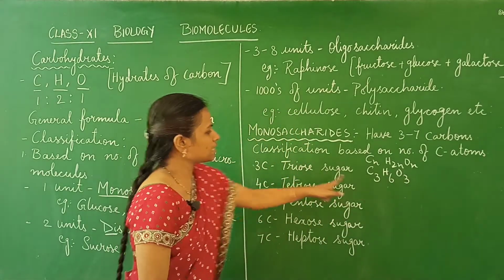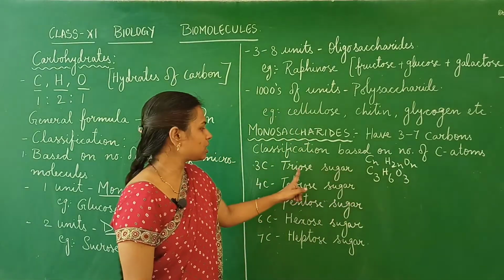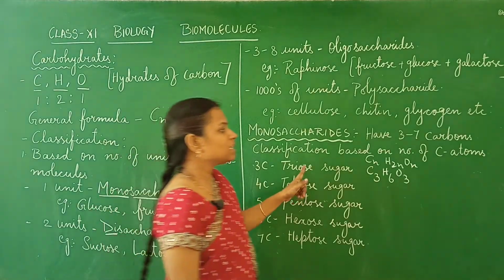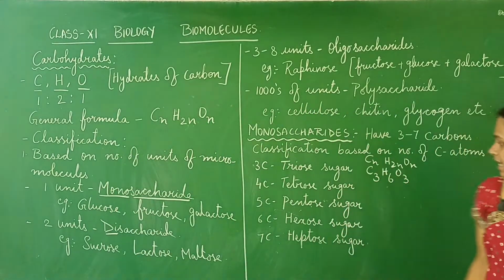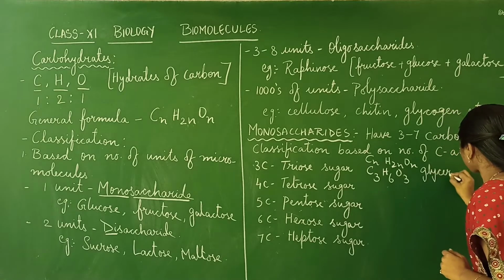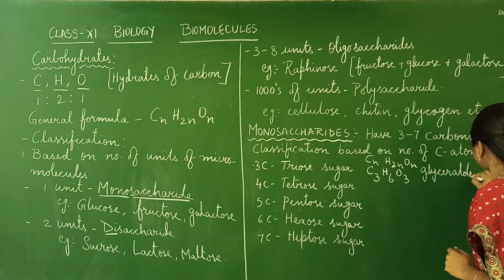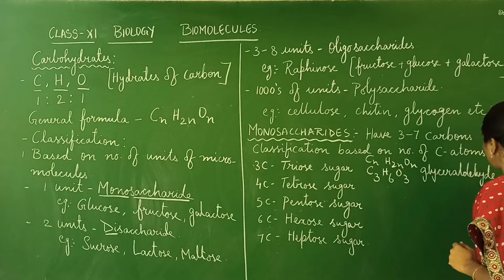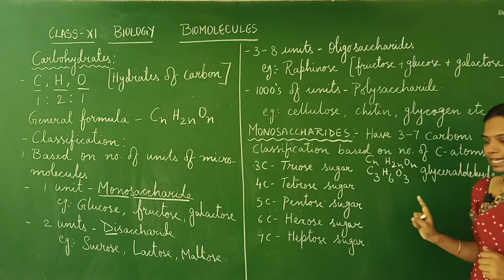This is the general formula of the triose sugar. The best example for this is glyceraldehyde.